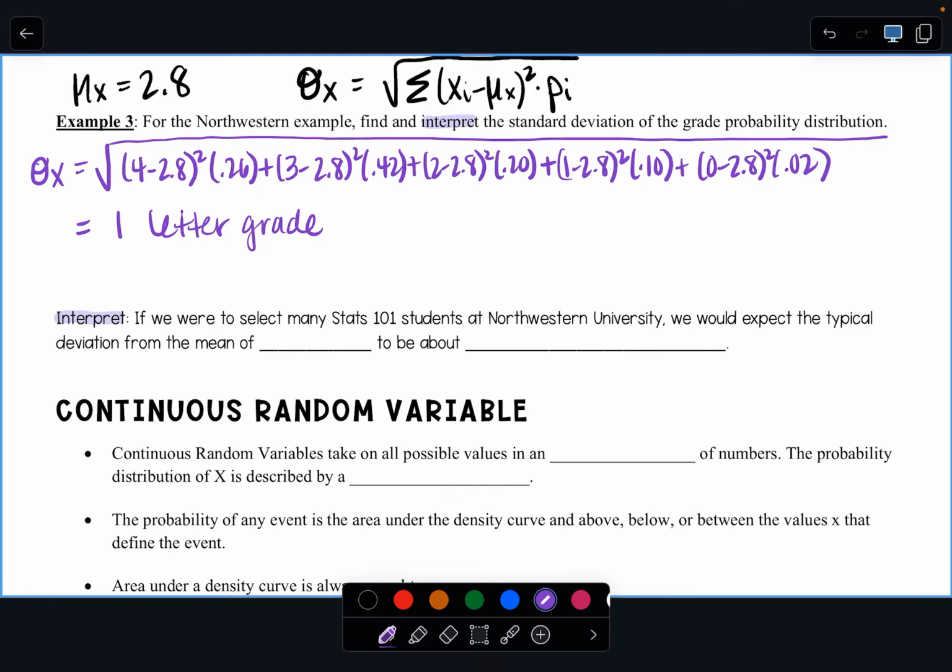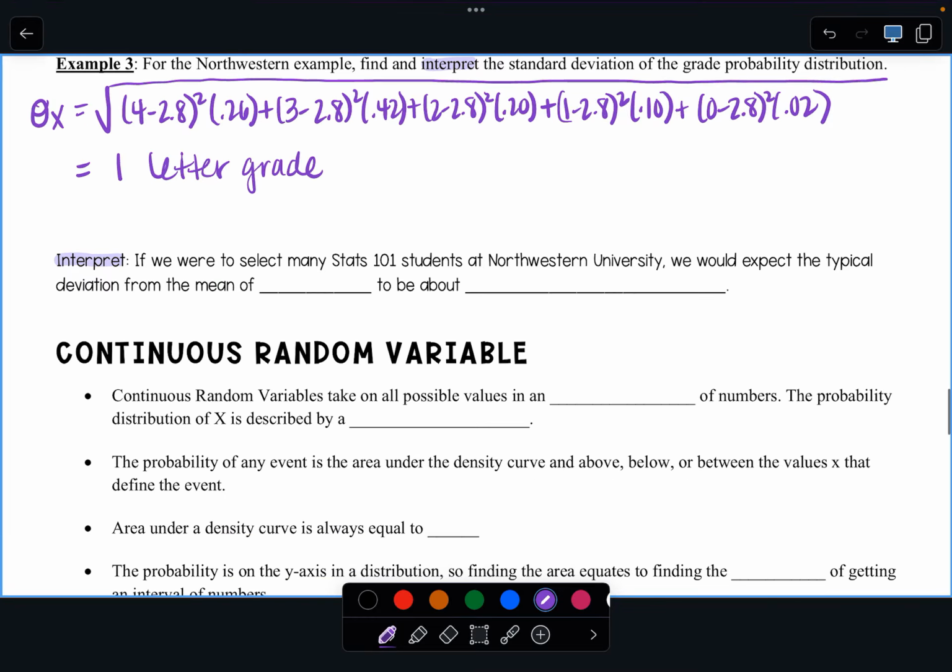So to interpret, again, you'll notice I have, if we were to select many Stats 101 students, again, long run behavior. If we were to select many Stats 101 students at Northwestern University, we would expect the typical deviation from the mean of 2.8, I always like to plug the mean value into my interpretation because that is really the deciding factor for what your standard deviation ends up being, to be about 1 letter grade.